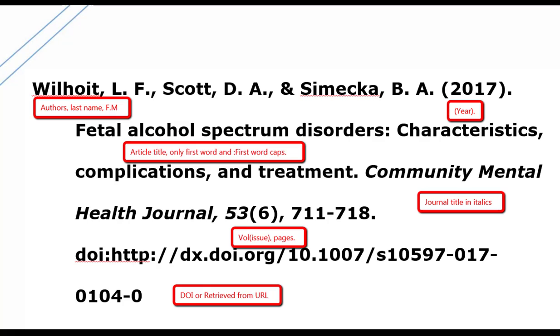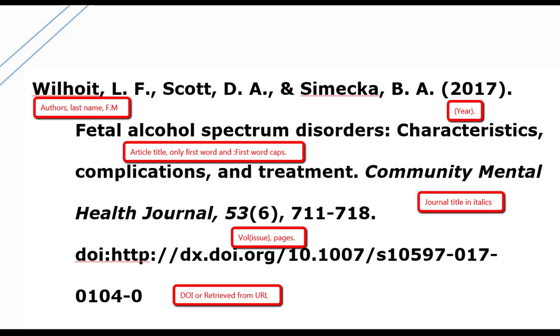You can see that I've highlighted all of the different pieces that you need to identify for this article. There are 3 authors, and I've put last name, first initial, middle initial, and a comma. I've also put the title of the article. You can see that the first word is capitalized and the first word after the colon is capitalized.